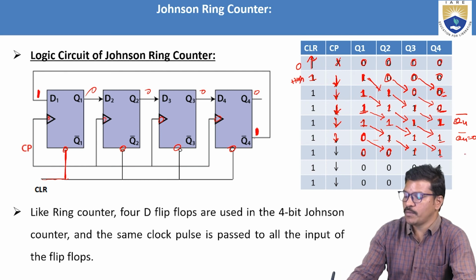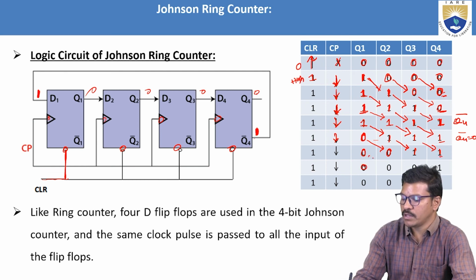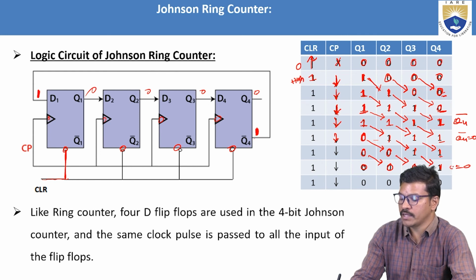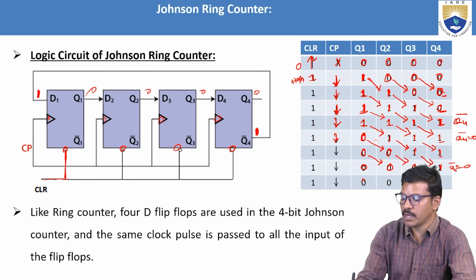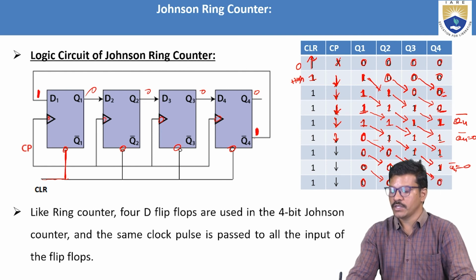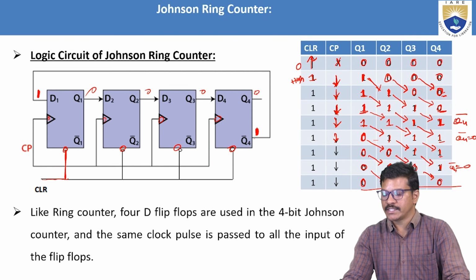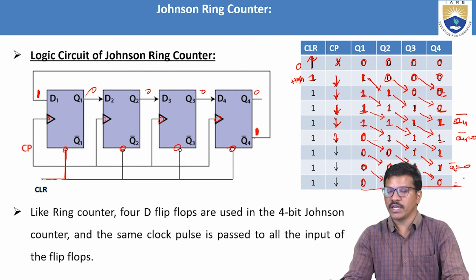Again Q4 is 0, Q4 bar is 1 and this shifts into Q2, then Q3, then Q4. Finally, we will again get the initial values.